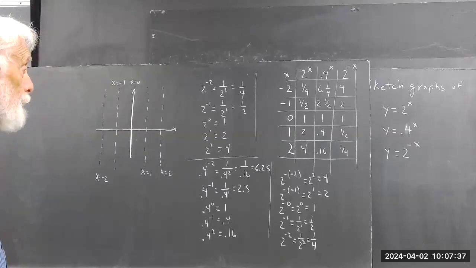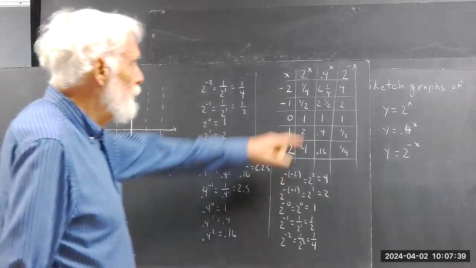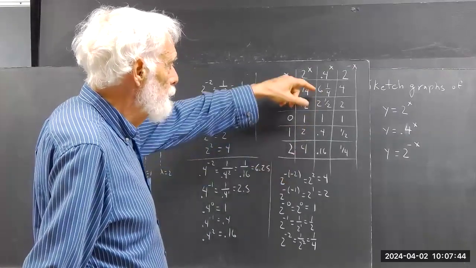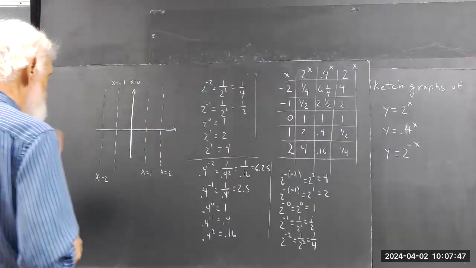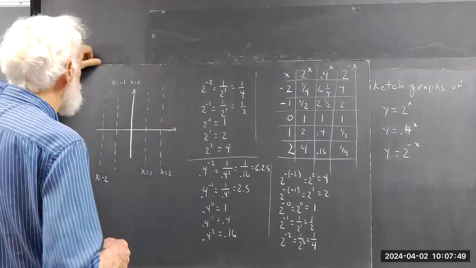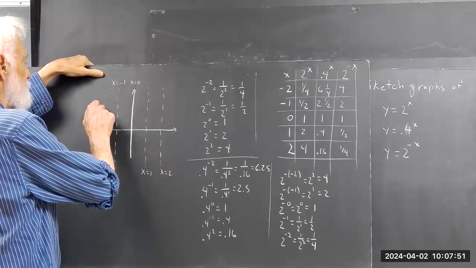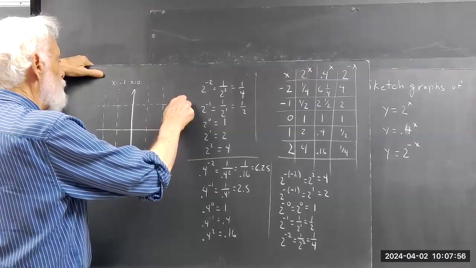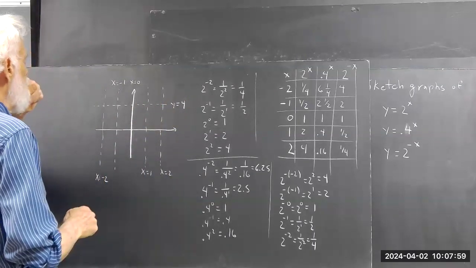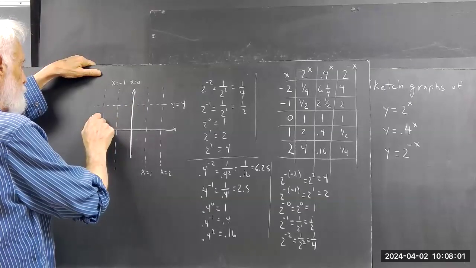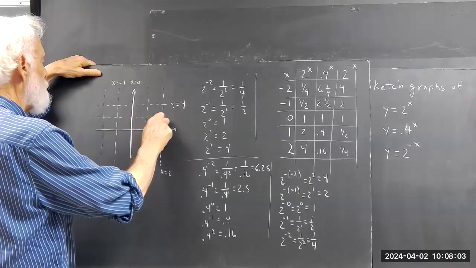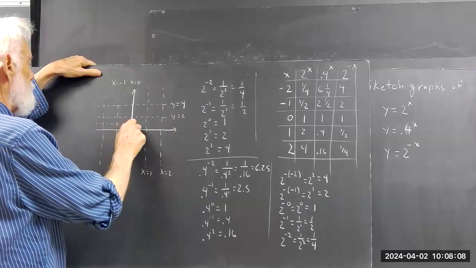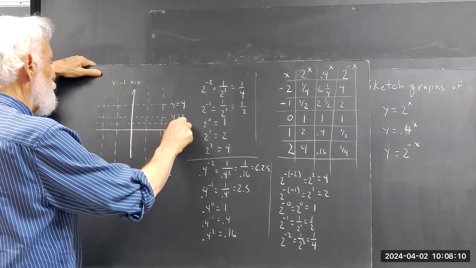Now, the biggest number we have here is 6 1/4. So all these numbers are between 0 and 6 1/4. Well, I'm going to start by drawing a line here, which represents y equals 4. I'm going to divide this in half to get y equals 2. I'm going to subdivide that to get y equals 1.